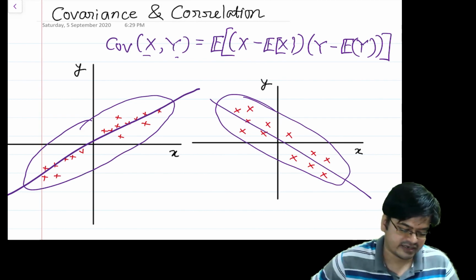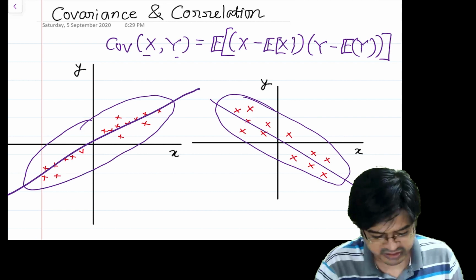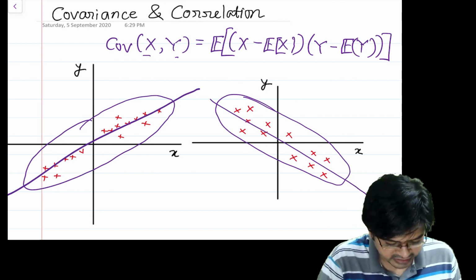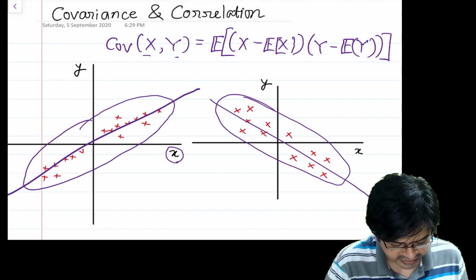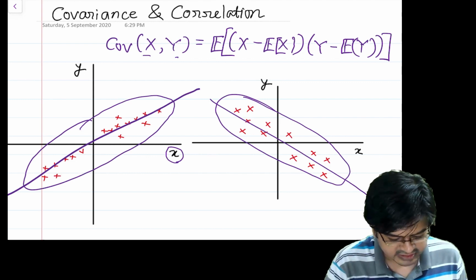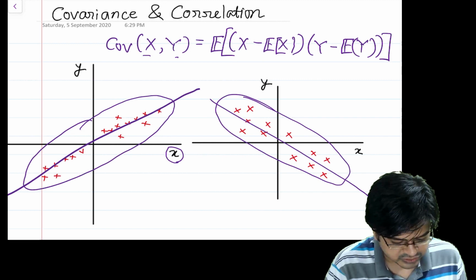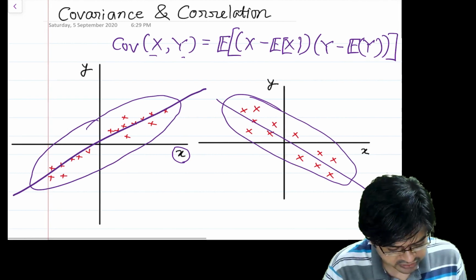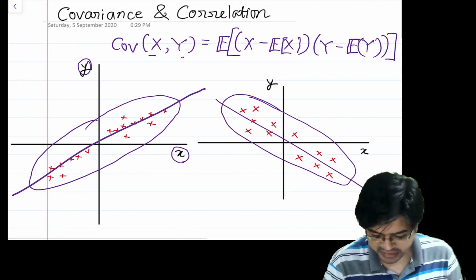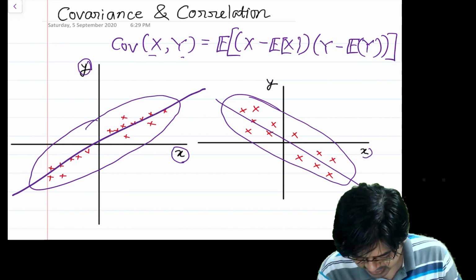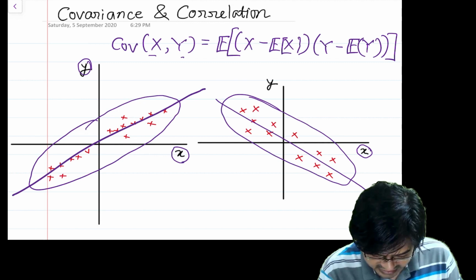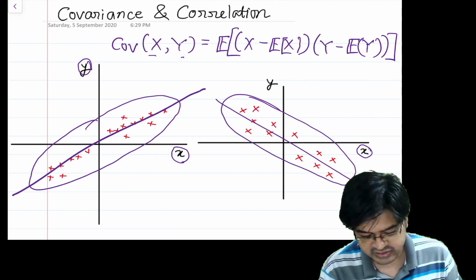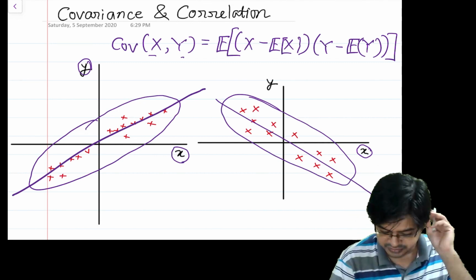Now how they are related, that's what we need to figure out. So let us try to see. If you focus on X in this diagram, as X increases, where are the values of Y? Y also increases. Whereas in this other diagram, where X decreases, Y increases in value.